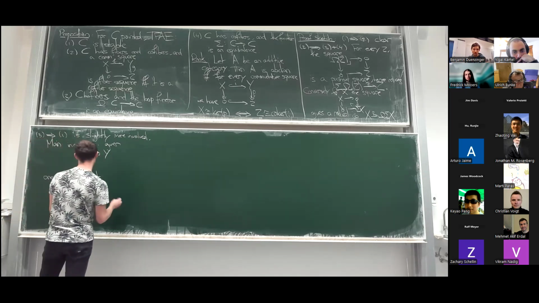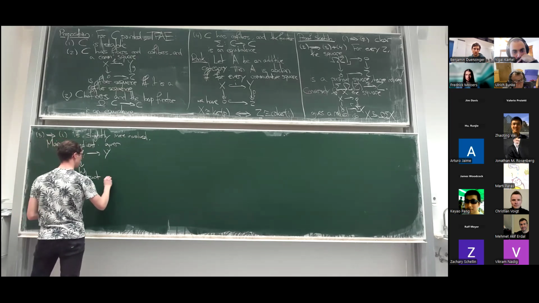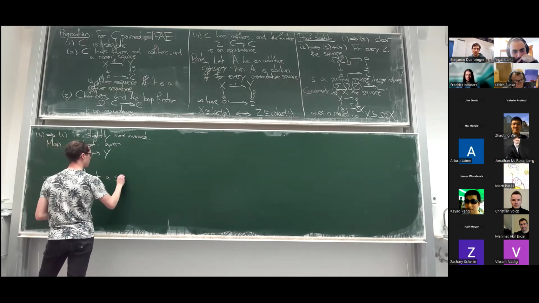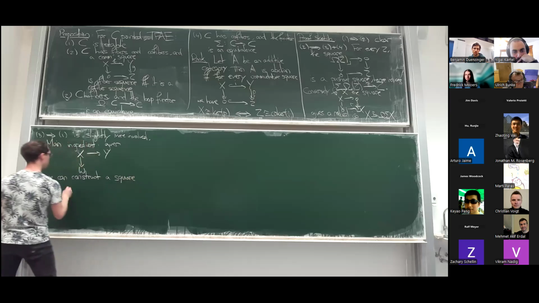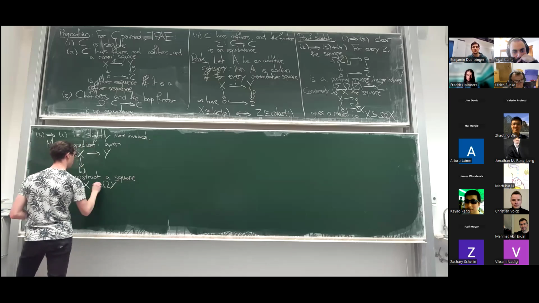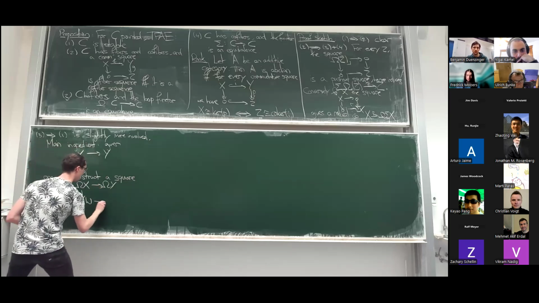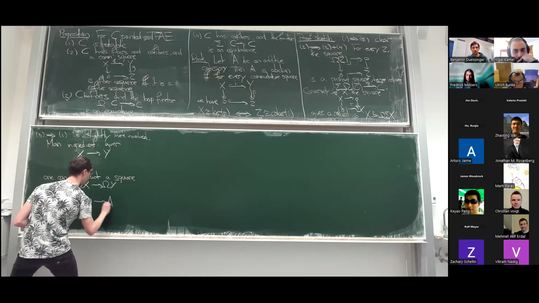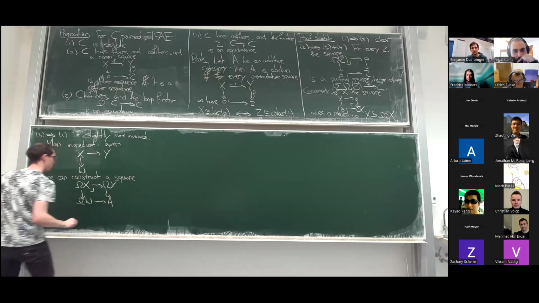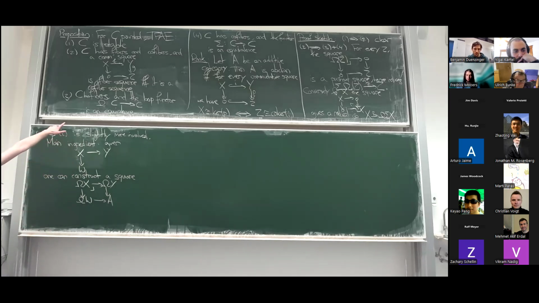So I won't be very precise. I won't tell you about the details, but the point is that you can construct a new square of the form omega x, omega y, and omega w. And you have now extended it by some object a over here. And this is a pullback square. And now we can use the assumption that omega is an equivalence to apply the inverse of omega to this.